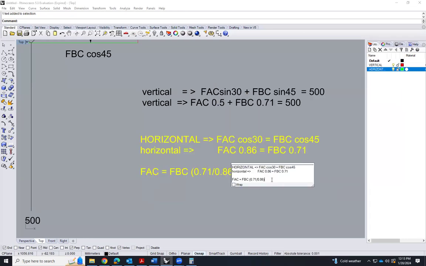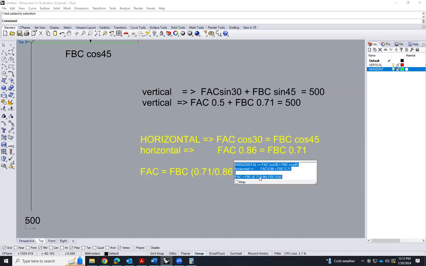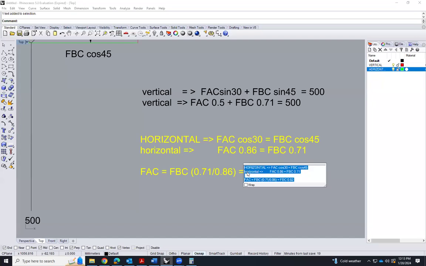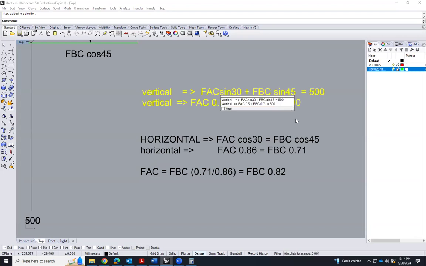Okay, so that will be FBC times 0.82 equals. Okay, so FAC is FBC times 0.82. So now if I copy this, I can replace in this equation the value of FAC. And then I will get only one unknown.